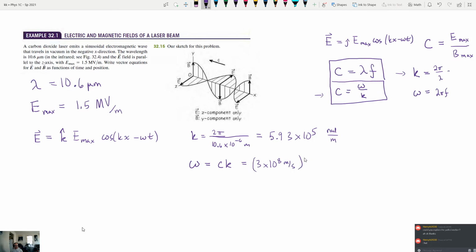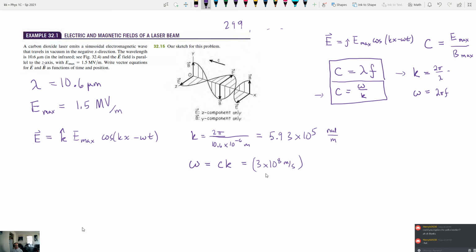You can use a more exact number, but I'm pretty much always just going to use this, because the speed of light is something like 299 or 297 something. It's very close to 3 times 10 to the 8, or 300 million meters per second. It's extremely fast.